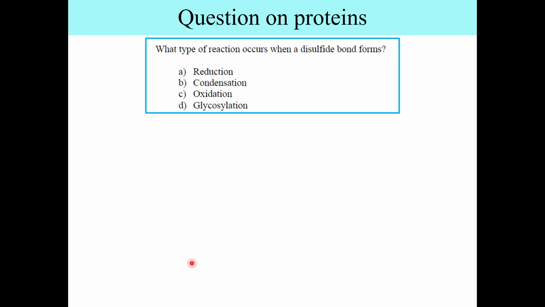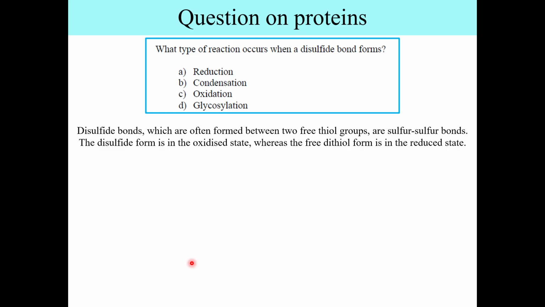Is there reduction? Is there condensation? Is there oxidation? And is there glycosylation? So coming to reduction, the thiol groups are already reduced, so there cannot be reduction. Coming to condensation, no, it is not that. There is no question of glycosylation here.